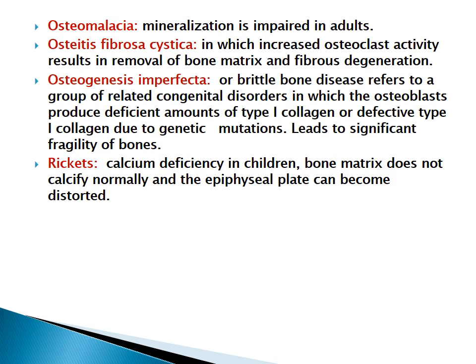It's calcium deficiency in children, and the bone matrix does not calcify normally, and the epiphyseal plates can become distorted and there are bow-shaped bones. So these medical applications, their names should be familiar to you, and they are often asked in the SEQ questions.